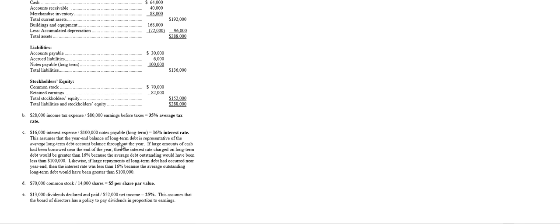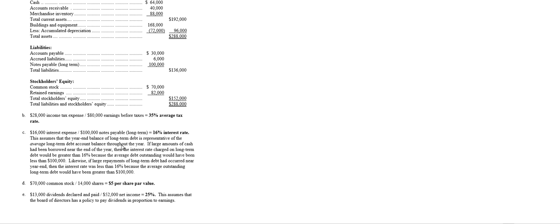The next one is making the assumption, they're asking you what the interest rate is that's charged on long-term debt. So all you simply do is take the interest expense and divide it by the outstanding notes payable.